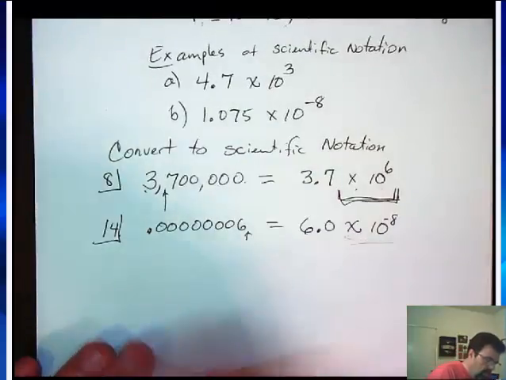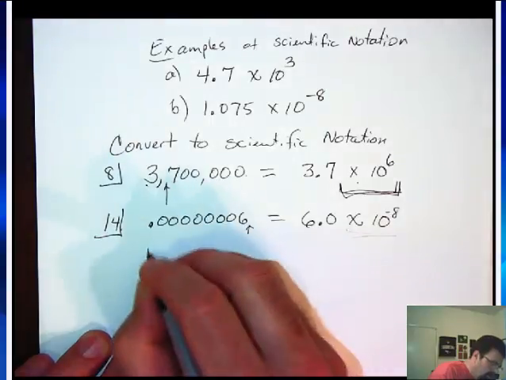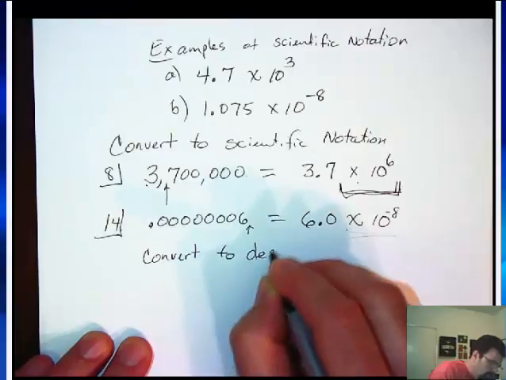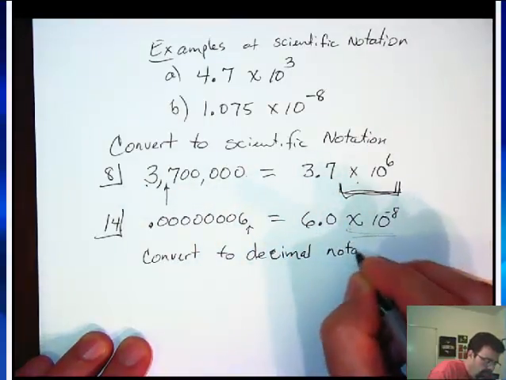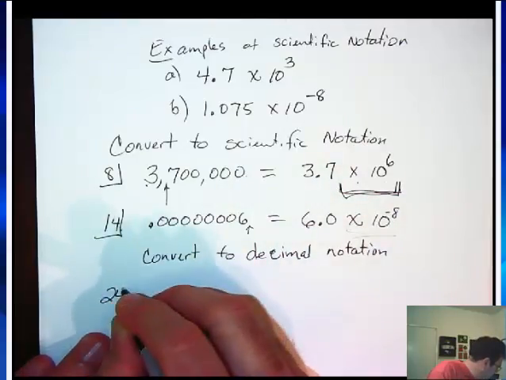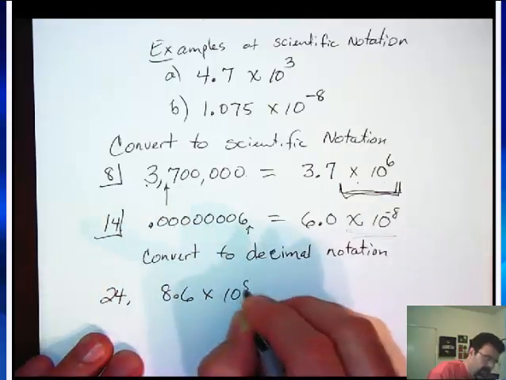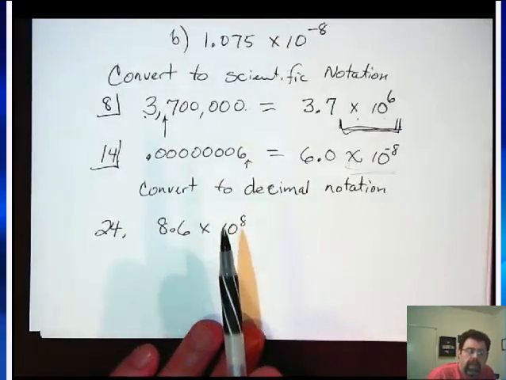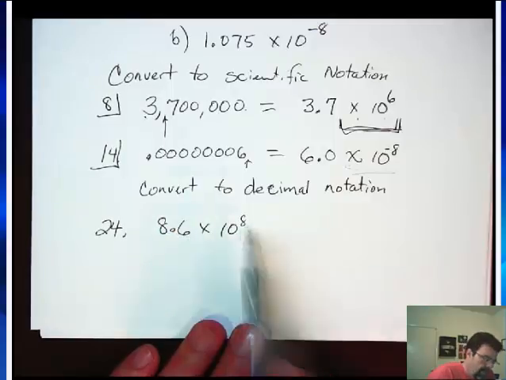Okay, so let's convert the other direction. So convert to decimal, or standard notation. 8.6 times 10 to the 8. Again, we're multiplying by 10 times 10 times 10, so that's going to make this number bigger, and it's going to move it 8 places.